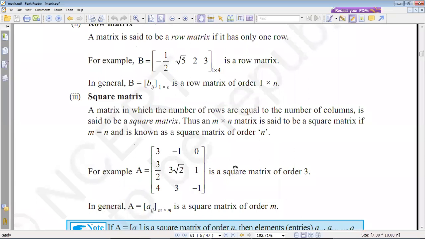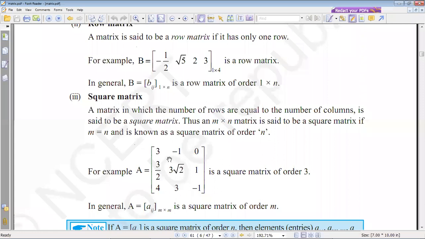Same in the case of a square matrix: if the number of rows is equal to the number of columns, then the matrix is called a square matrix.